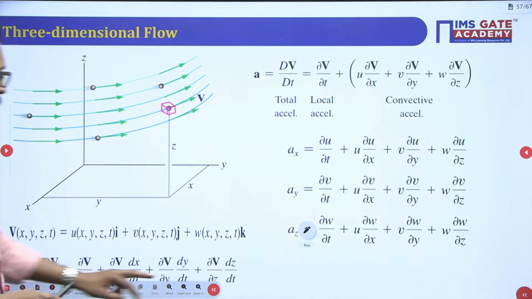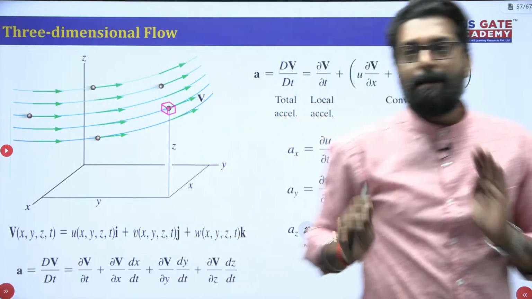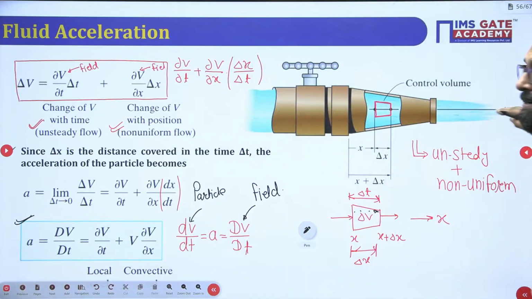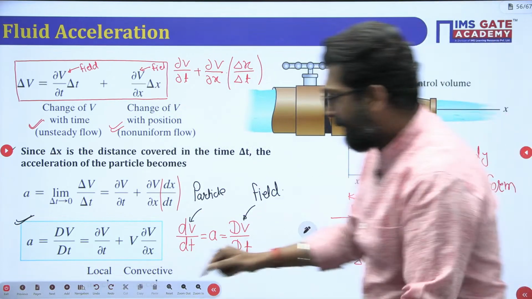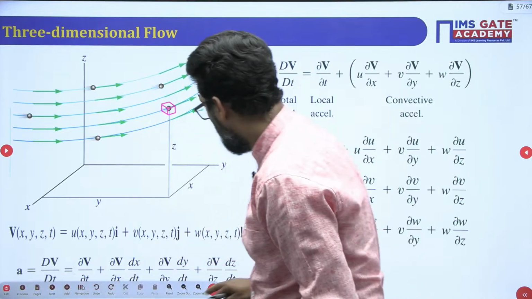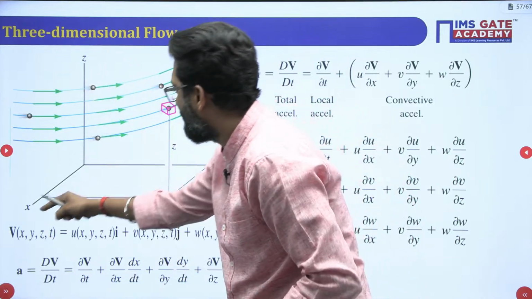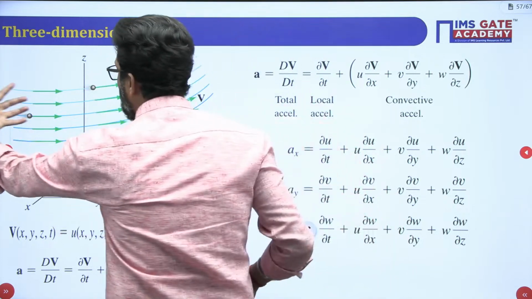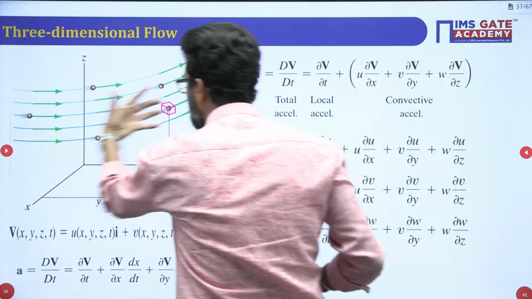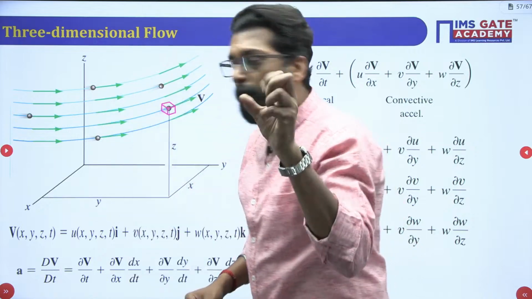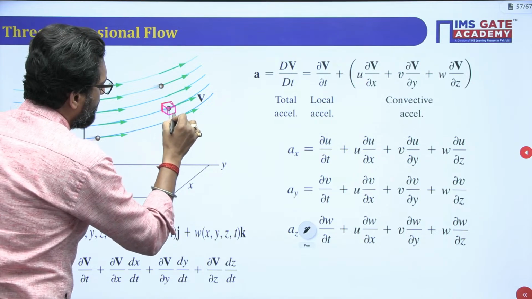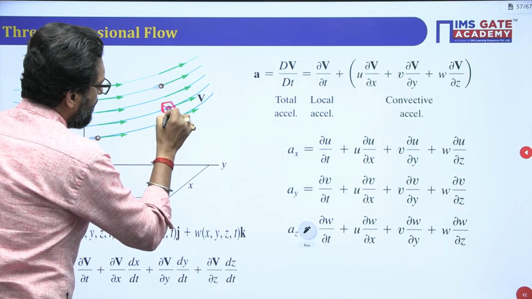Now if we take the acceleration in 3 dimensions, why? Because this is 1D, this is your 1 dimensional fluid flowing. But generally we have to take 3 dimensions. So let's suppose there is an x axis, y axis and z axis, and these are the streamlines of the fluid particle. Now we are taking a control volume, and in that there is a fluid particle.